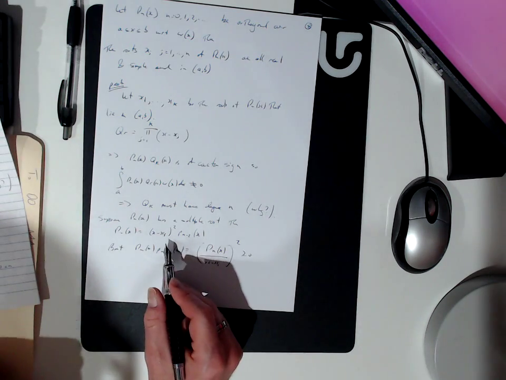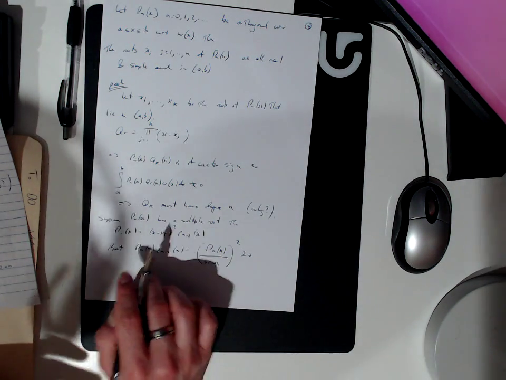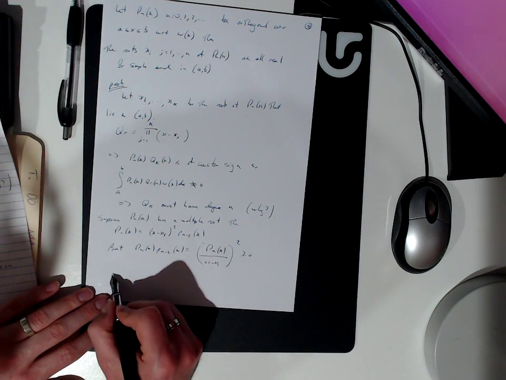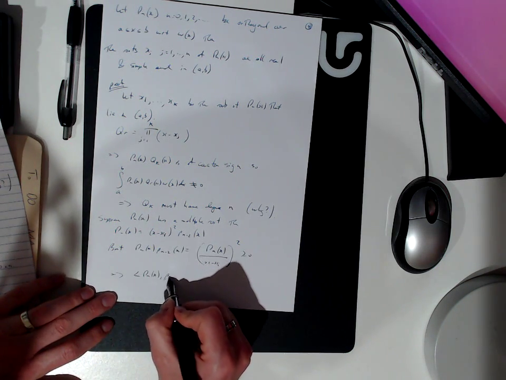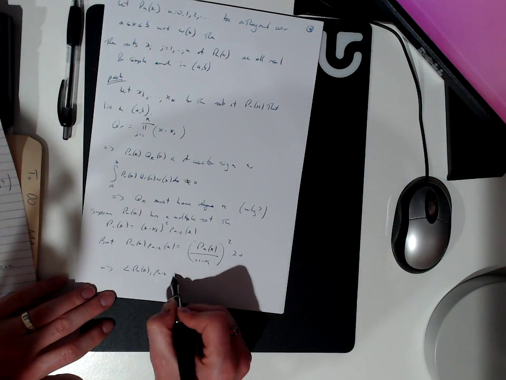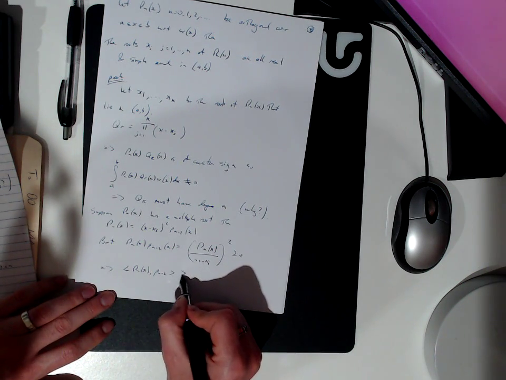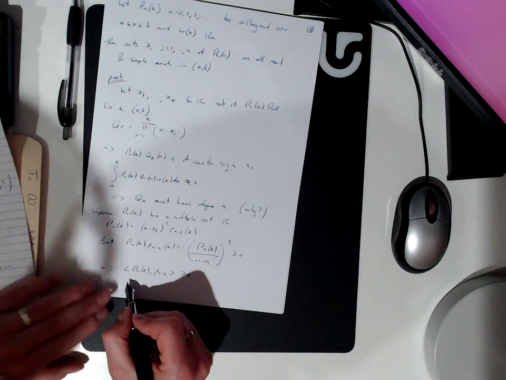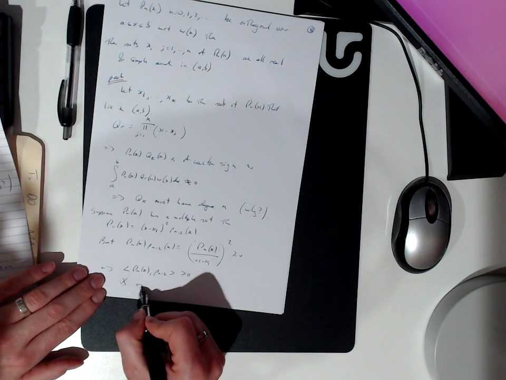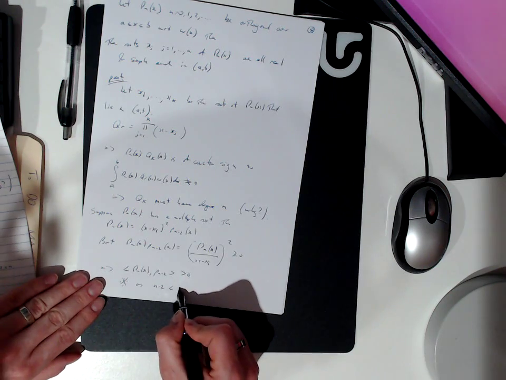So let's say it has a multiple root of order 2. Could be whatever order you like, but anyway, order 2. So this is always greater than or equal to 0, so that implies that the inner product of these things is strictly greater than 0. And that's again a contradiction, as n minus 2 is strictly less than n.